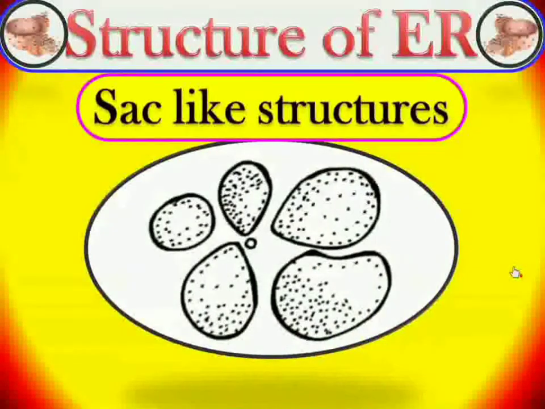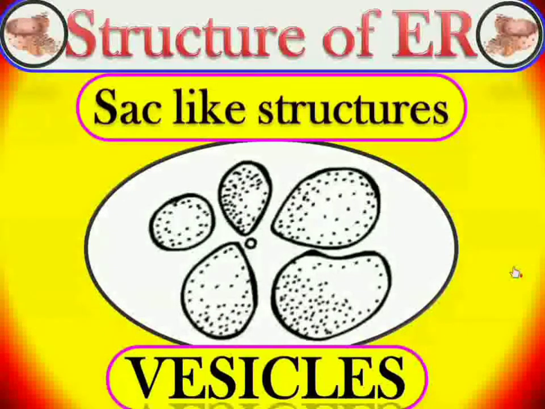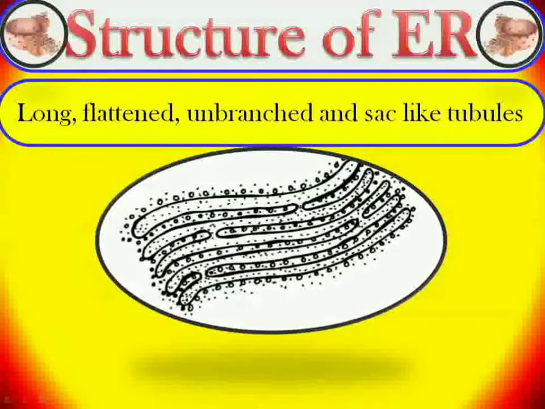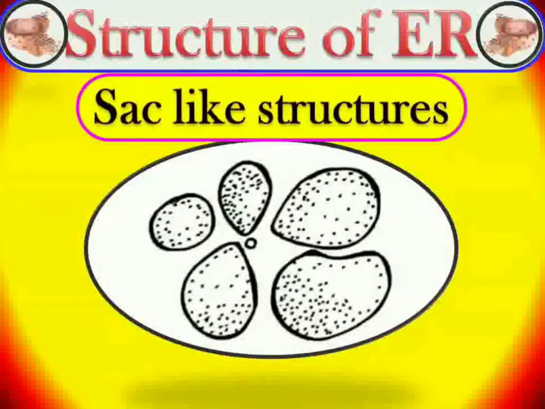Then some part of endoplasmic reticulum exists in the form of sacs. Such structures of endoplasmic reticulum are called vesicles or the vesicle form of endoplasmic reticulum. This is the cisternae form of endoplasmic reticulum. Here the endoplasmic reticulum appears like long, flattened, unbranched sac-like tubules which are closely arranged in bundles, and here they appear like sacs.